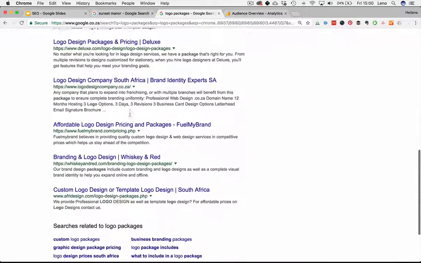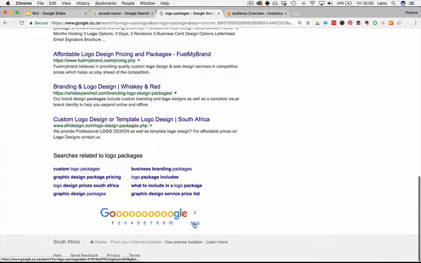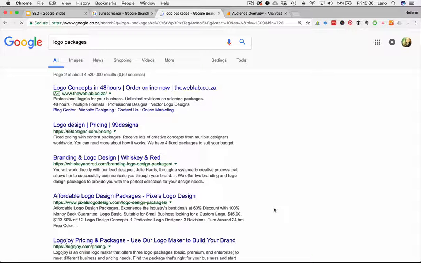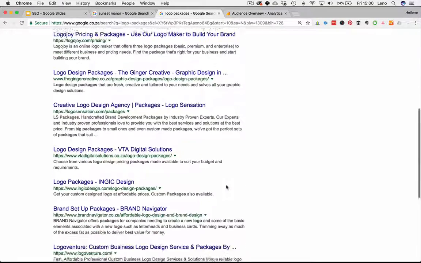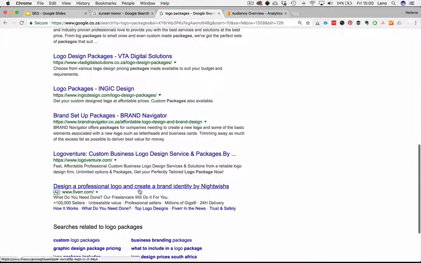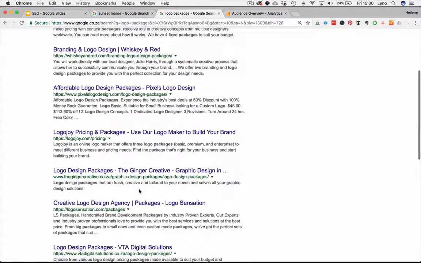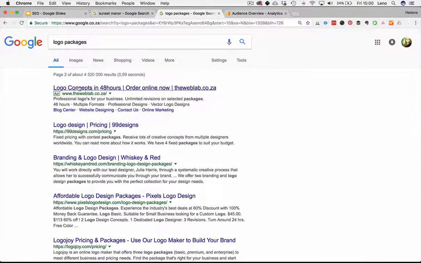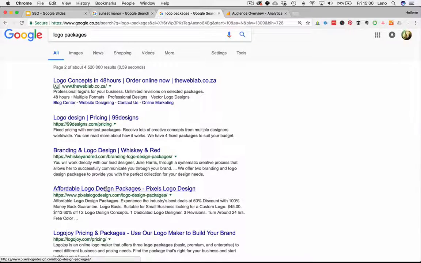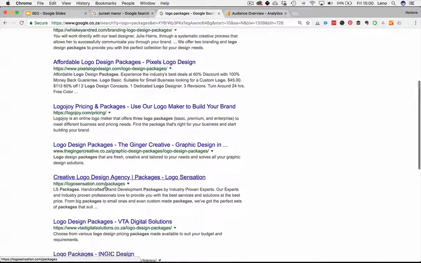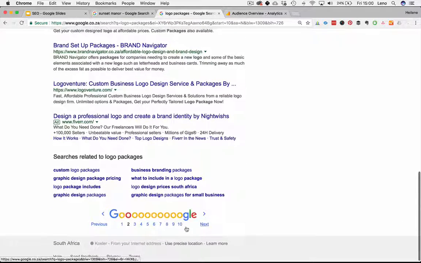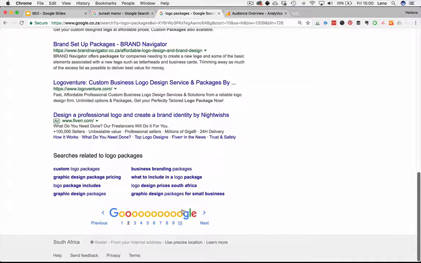And if you look down to the second page of Google, no one is going here. The percentage is so low that it's not even worth it. And we're saying basically that if your keyword is lying on the second or third page of Google, it might as well be on page 10 or at 100th position.